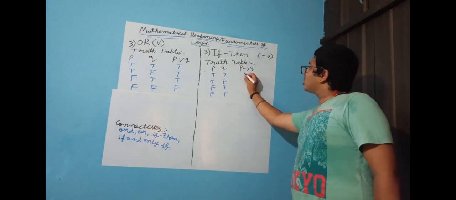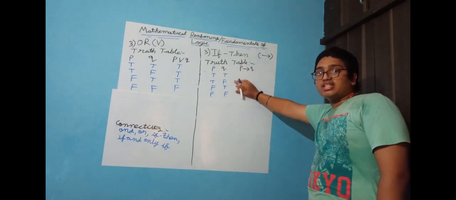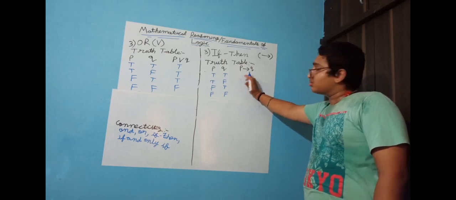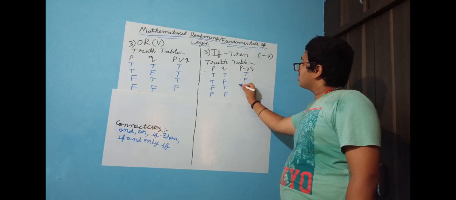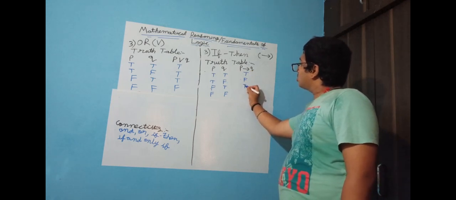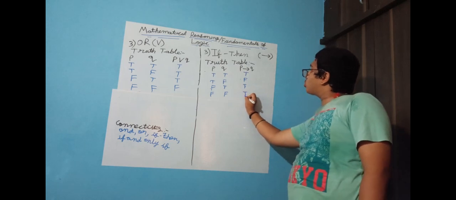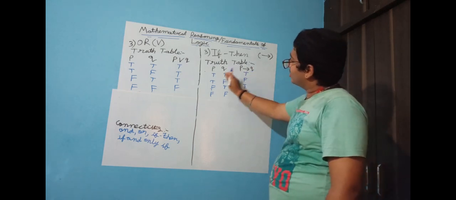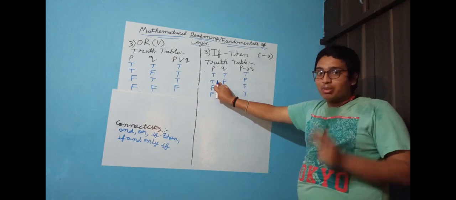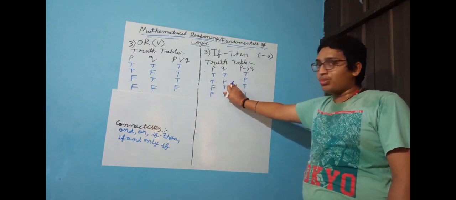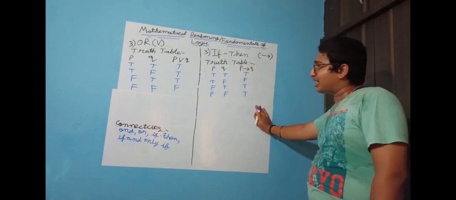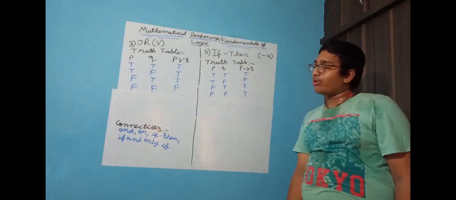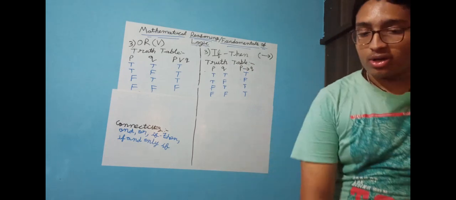Here true implies true means that if the condition is true, then the action, so it is true. True implies false is false. False implies true is true. False implies false is also true. Only in one case, when the first statement is true and the second statement is false, the result will be false, else true in the other cases. Now next we will see if and only if.